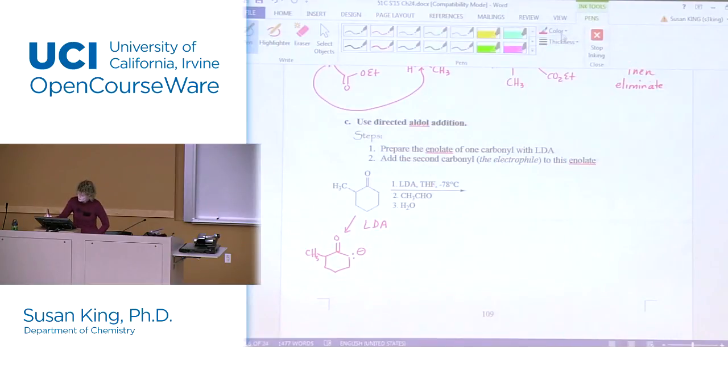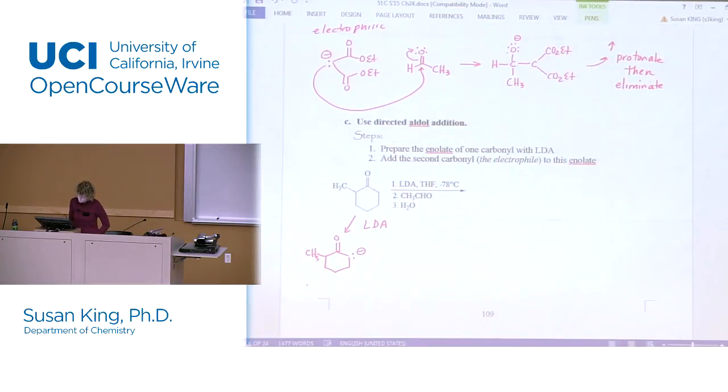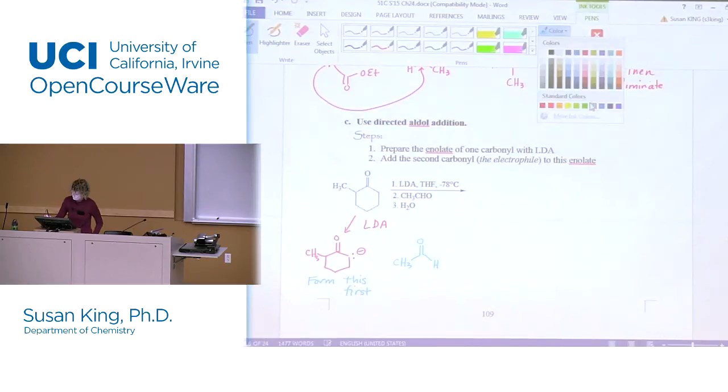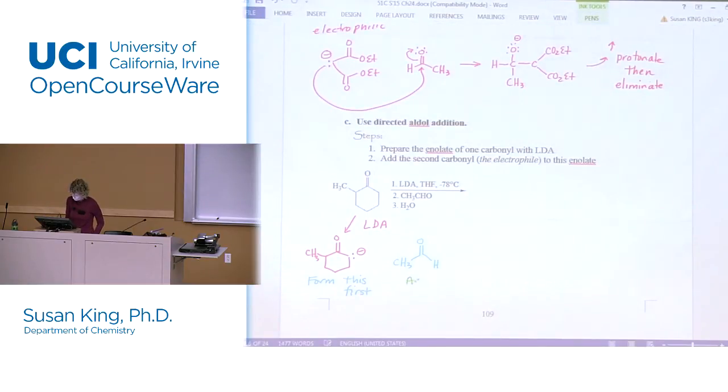So you form this first. And then you add your second carbonyl. So we add this next. So this is going to attack that carbonyl.